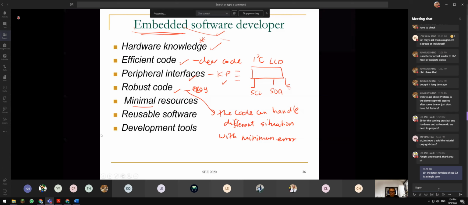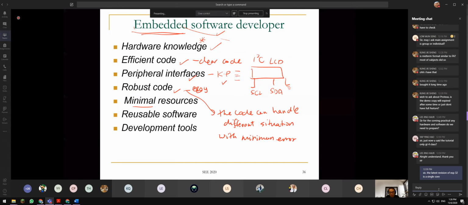Of course, you must understand different types of development tools. You're a software developer, you still need to do debugging. Let's say, for example, I'm using ESP32, I can use Lua, Arduino, or MicroPython to do the programming.